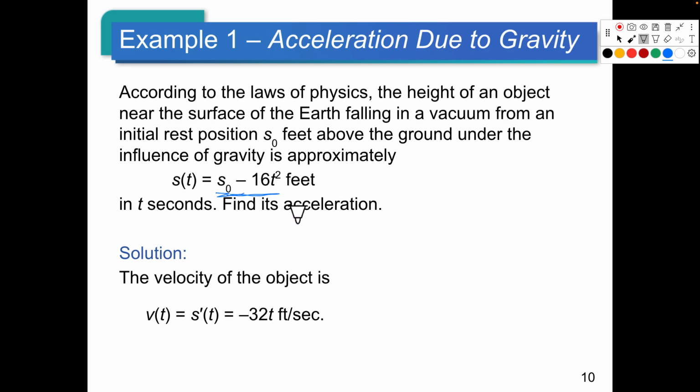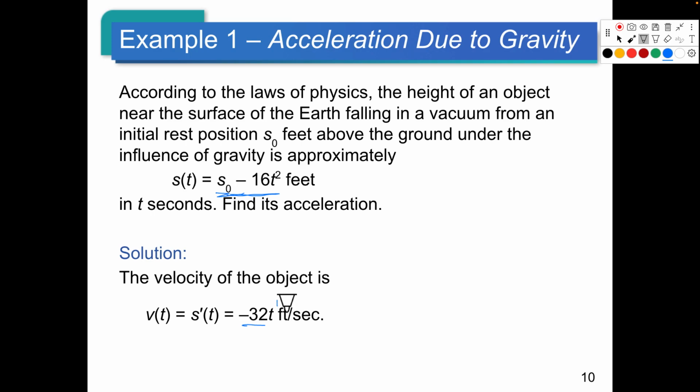To find its speed or its velocity, we take its derivative. So the derivative of this, again, s naught is the initial speed, which is a number. It's a constant. You take its derivative, it's always 0, so that goes away. Derivative of negative 16t squared, 2 times 16 is 32, or actually negative 32, t to the first power. So that's our velocity function.